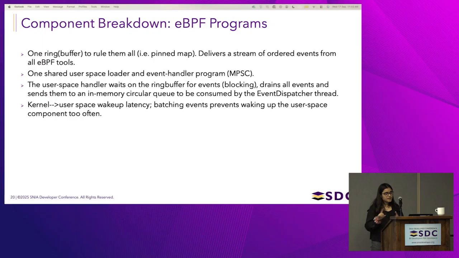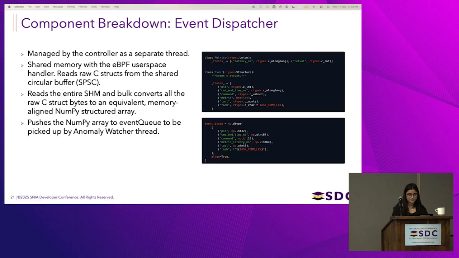But this wake up latency can be pretty high. So what we do on the eBPF side, the kernel space side, is we batch events so that we prevent waking up the user space handler after every single event. So we wake up the user space handler after you have collected 256 KB worth of events, for example. That's a very high number, but I'm sorry.